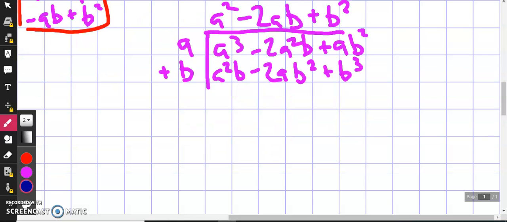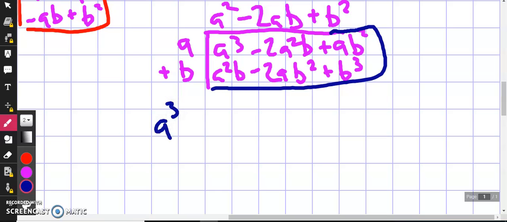So now to combine these, we need to remember what we talked about earlier about the variables and exponents having to match. So as I'm looking through my set inside the box, I notice the a cubed doesn't combine with anything. For the other sets, what we should notice is that the ones that are like terms are going to be diagonal to each other. So I see a negative 2ab squared and a positive 1ab squared.